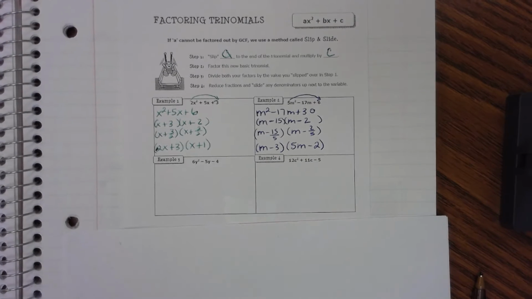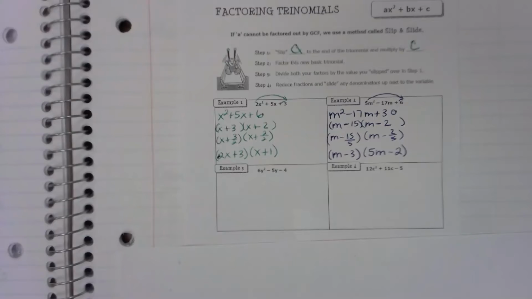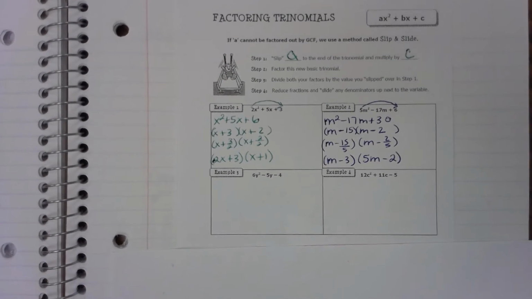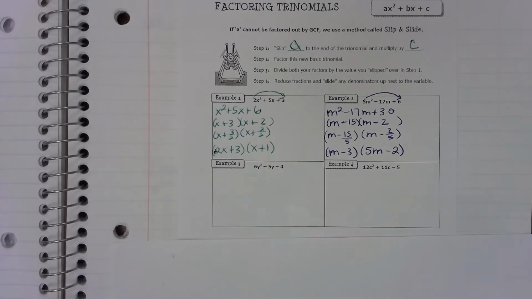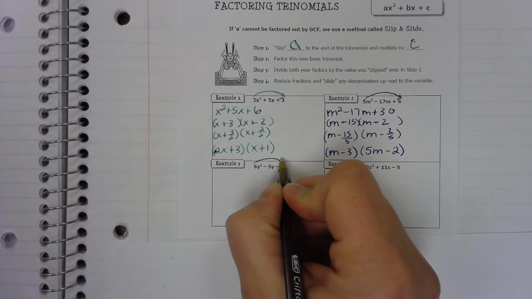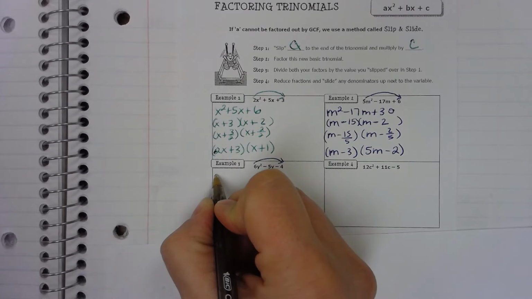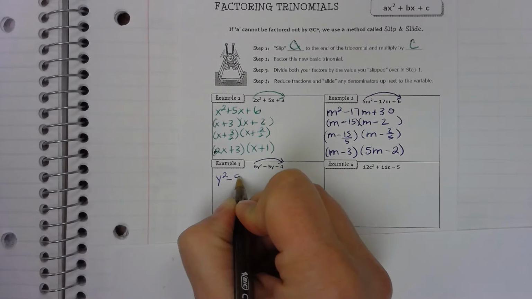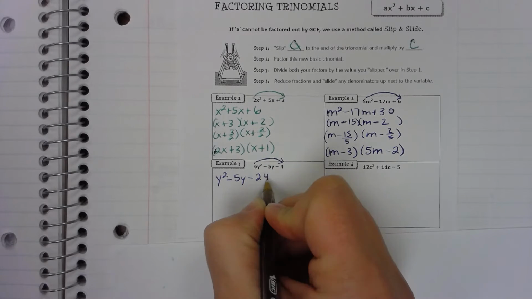Our next example, make it a little bit easier to see, is 6y squared minus 5y minus 4. We're going to slide over the 6, so we have y squared minus 5y minus 24.